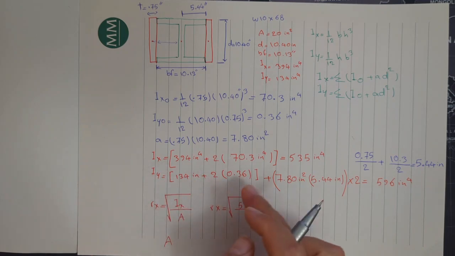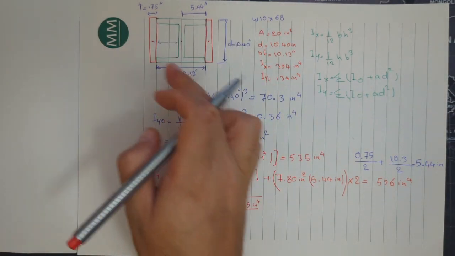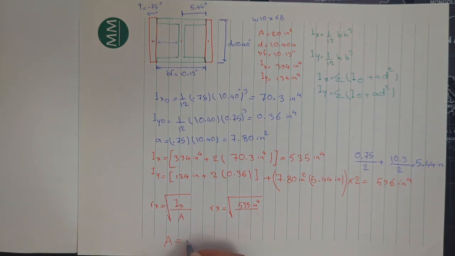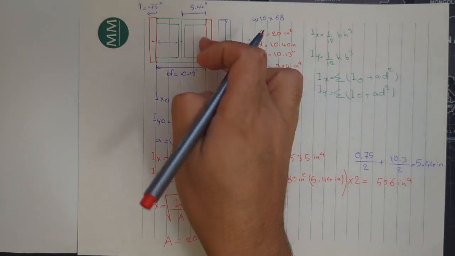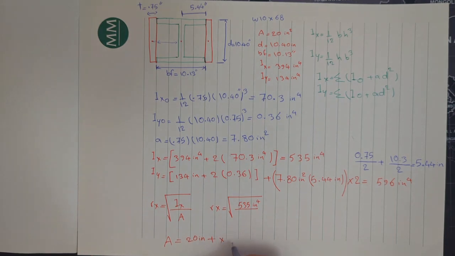So the area of our I-beam is 20 plus the area of these two plates, 2 of 7.80 inches.